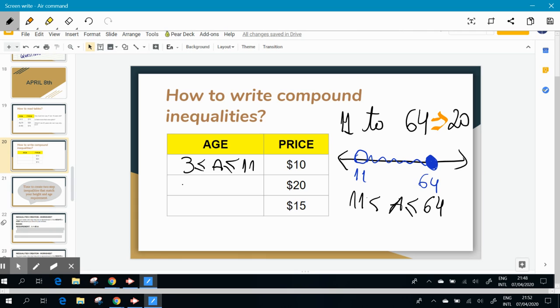Okay, so then from 11, open dot, age, close dot, 64. How do I read it? Well, all people who are greater than 11 years old, but less than or equal to 64 will pay $20.